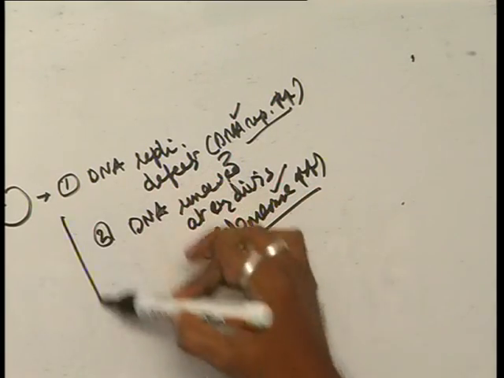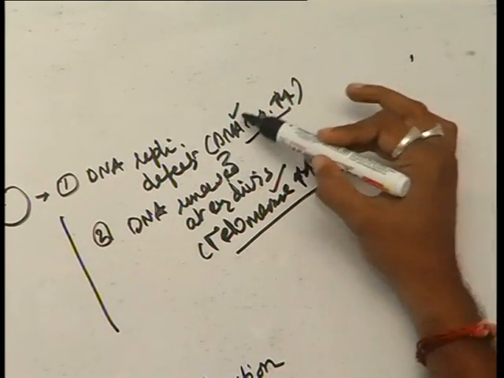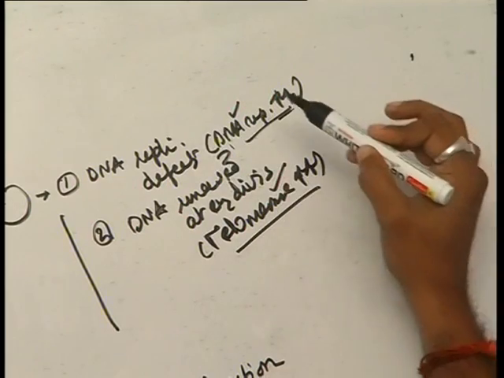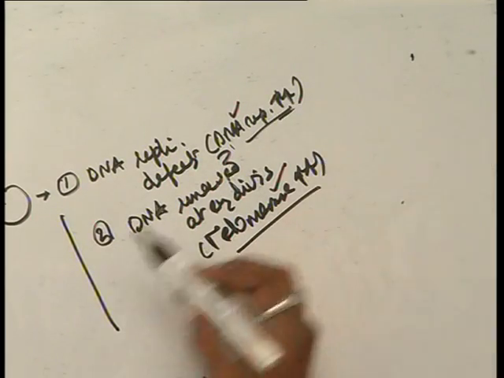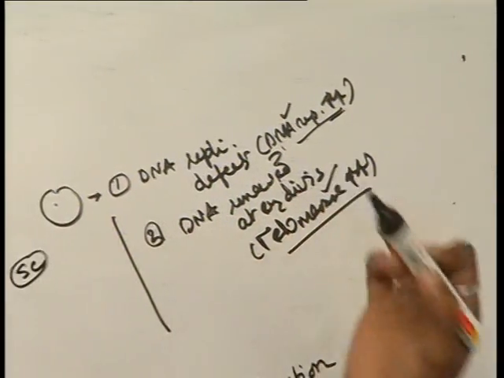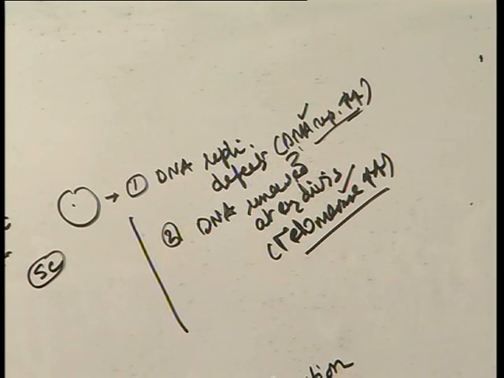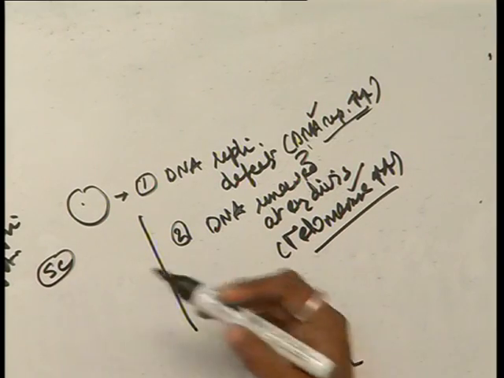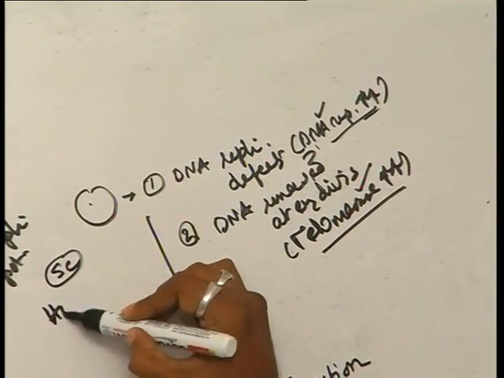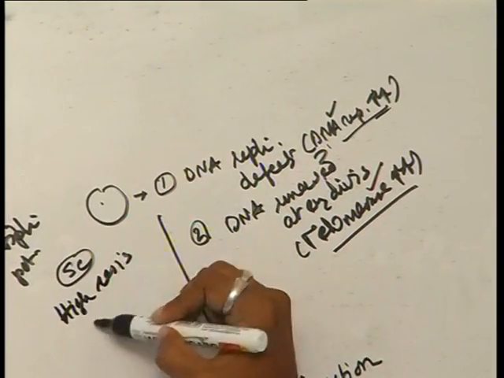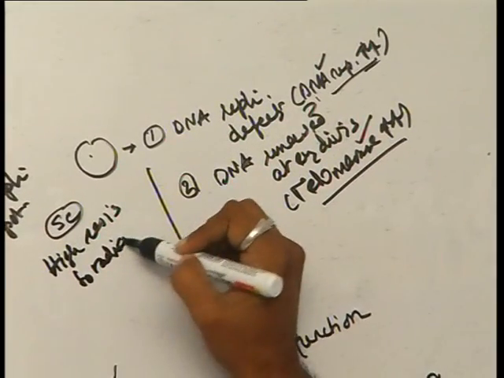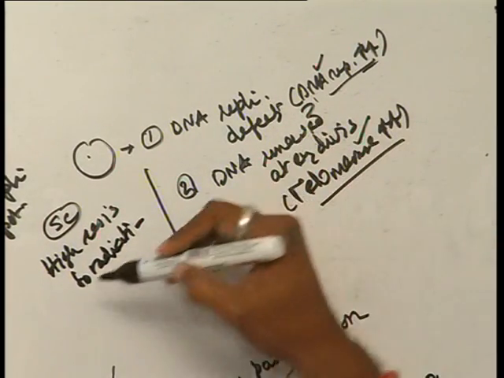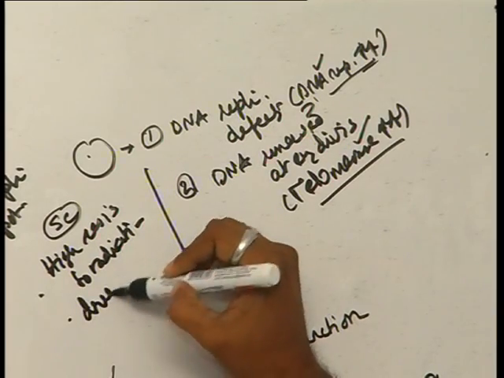So the net point here is that since DNA repair enzyme levels are high, the stem cell, in contradiction to the general perspective, is in fact highly resistant to radiation. It is highly resistant to drugs.